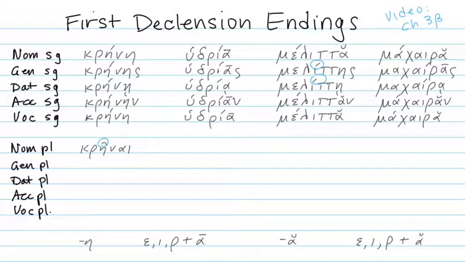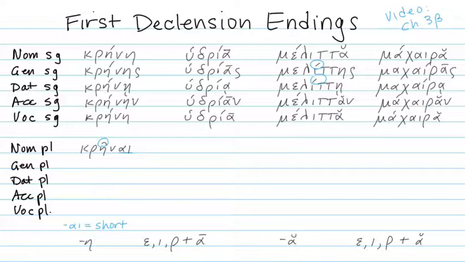If you want to know why that particular accent has changed to a circumflex, you'll have to understand that for this particular form, the nominative plural feminine ending, alpha iota is treated like it's short. There's historical linguistic reasons for that, but I don't remember the specifics. So I know it seems to violate the rules of chapter 3 beta, but it's because alpha iota ending in the nominative plural is treated like it's short.